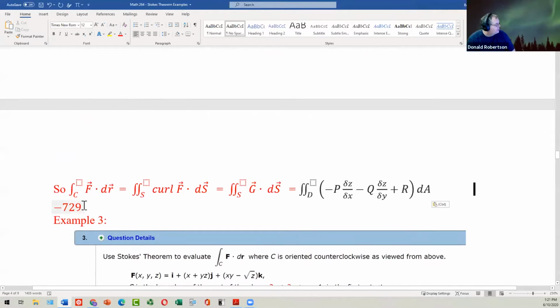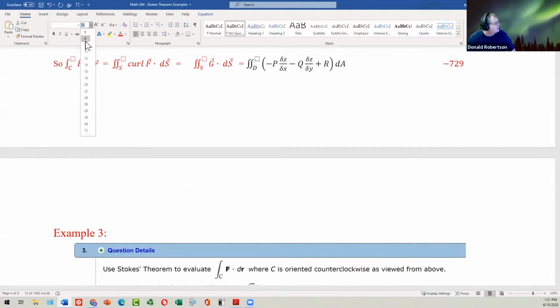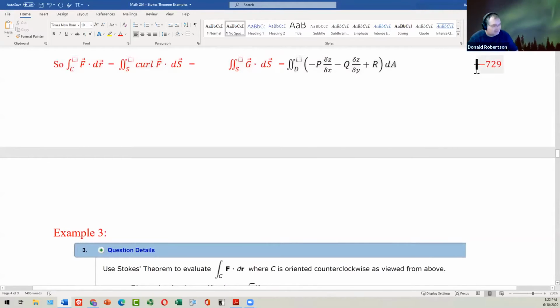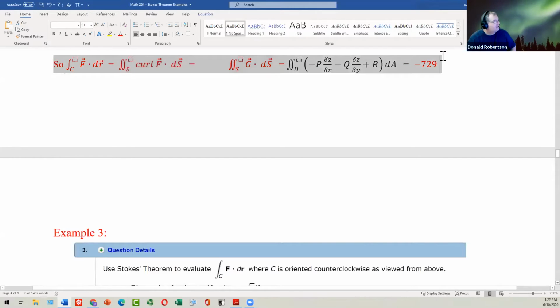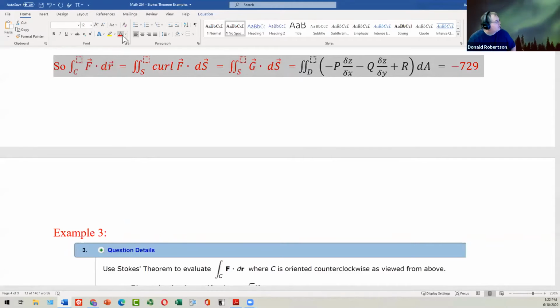And I'm going to have to shrink this up a little bit so I can get it all to fit. This is what's going to be turned into a PDF, and you'll be able to actually see all this. So you don't really need to spend any time trying to frantically write. And hopefully you can just watch.